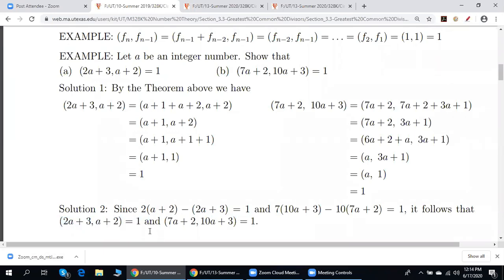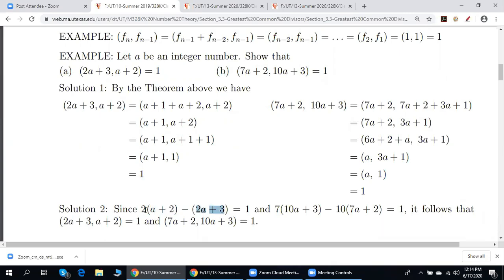Well, here's why. Let us denote the greatest common divisor of these two numbers by d. Since d is the greatest common divisor, d divides this and d divides this.